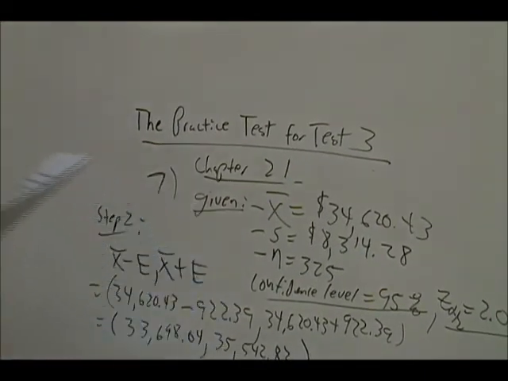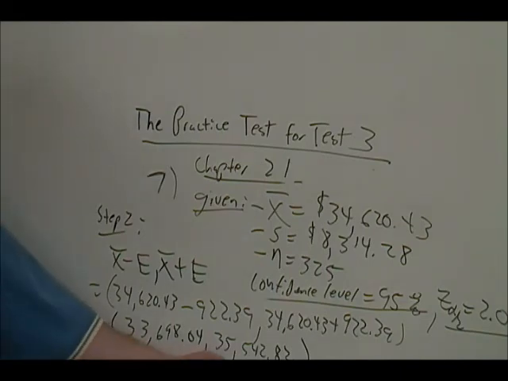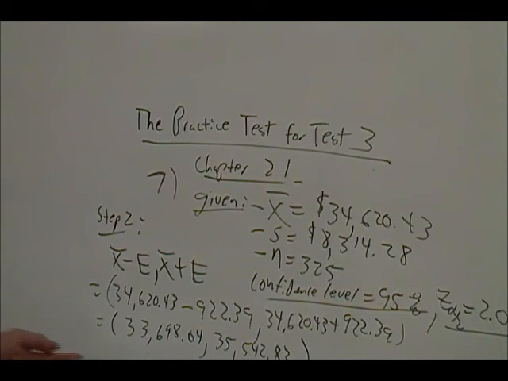So the interpretation is going to be, there is a 95% likelihood that whatever the unknown mean annual income for all U.S. households is, that mean annual income should lie somewhere between $33,698.04 and $35,542.82.